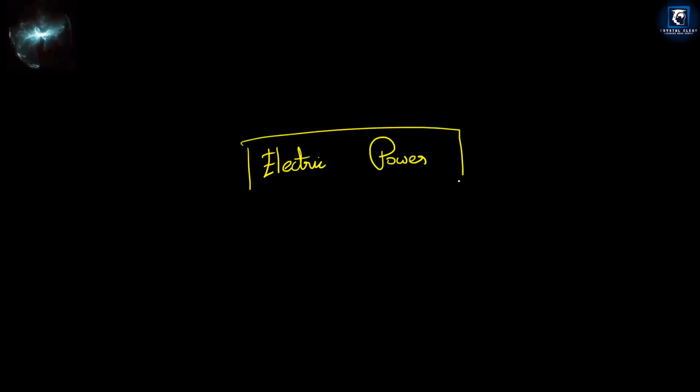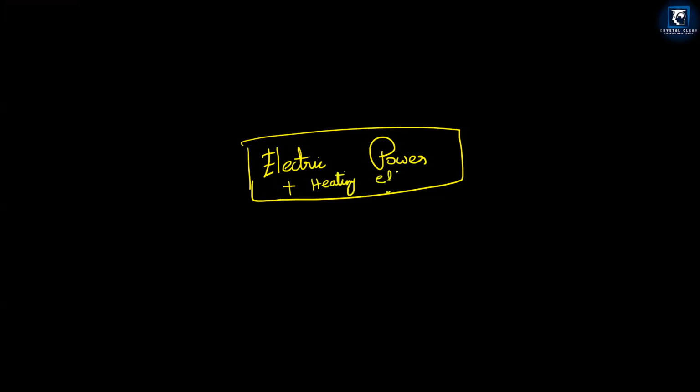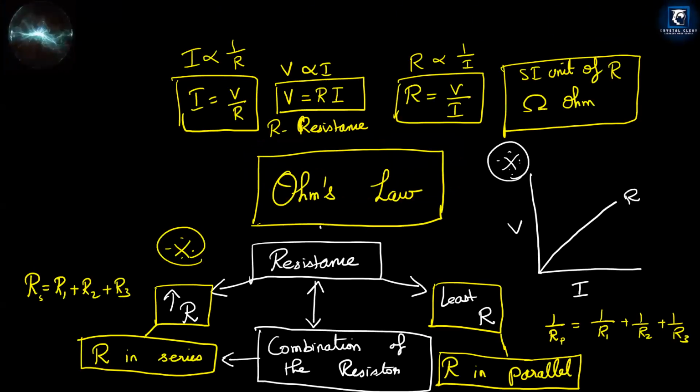Now we'll move on to the third topic, electric power, and the heating effect. Let us complete this heating effect also. Let us go to the previous slide for a minute.